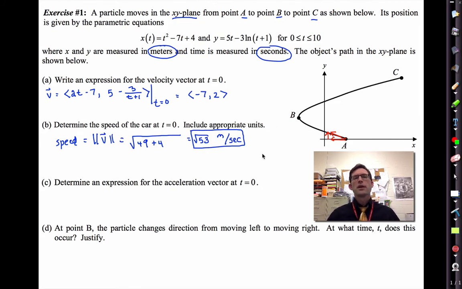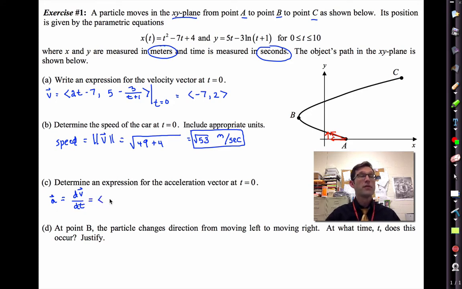Letter C, determine an expression for the acceleration vector at t equals 0. Well, we know the acceleration is the derivative of velocity, and it continues to be that way. In fact, we can write down very formally that the acceleration vector will be the derivative of the velocity vector. Let's do this in general, and then we'll evaluate it at t equals 0.